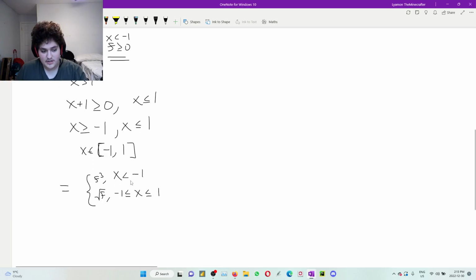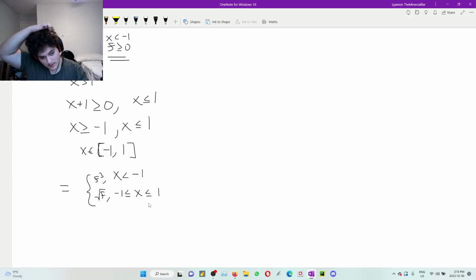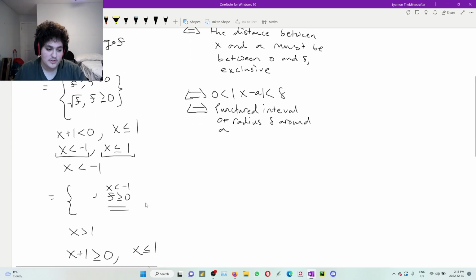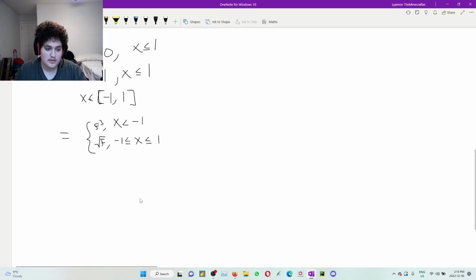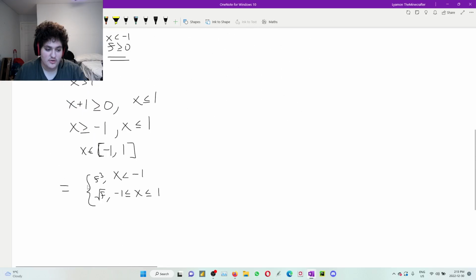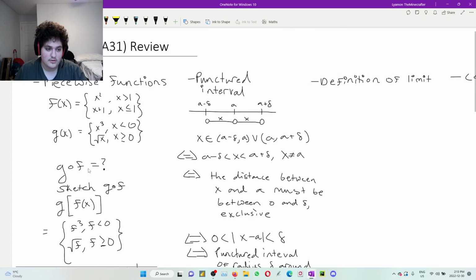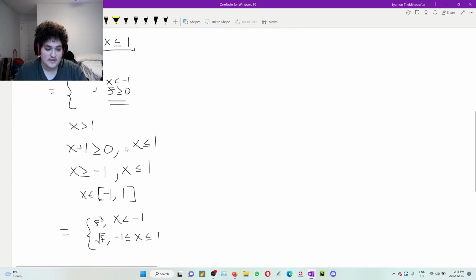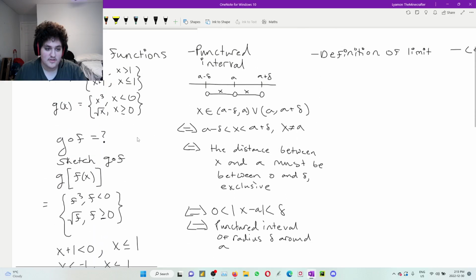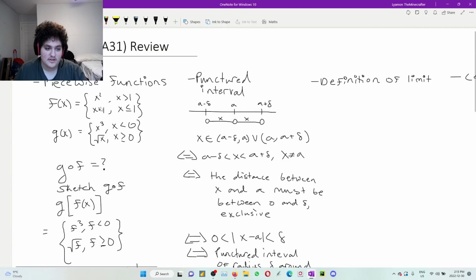So once you're here, we need to start looking at these two. So for f cubed, when x is less than negative 1, we have to look at what f is. So when x is less than negative 1, then obviously f of x will be in this branch, and in this piece, because when x is less than -1, it's definitely less than or equal to 1.